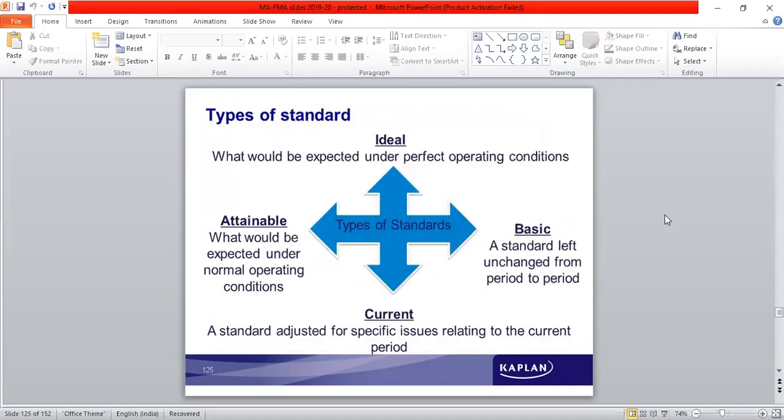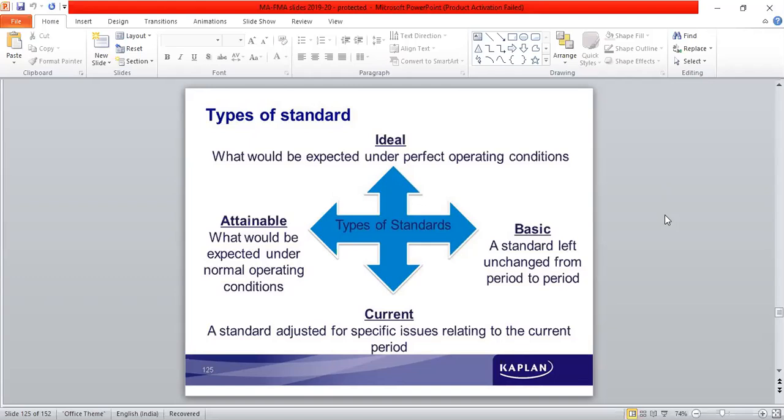But first, when standards are decided, what are standards? Standards are something set as a target, or decided to be a benchmark which the organization has to achieve. So when standards are decided, they have to reach that particular target level.